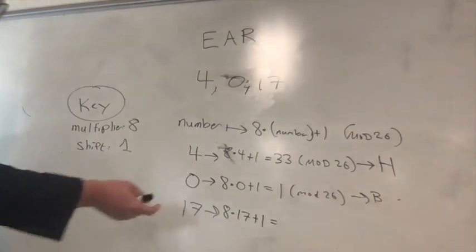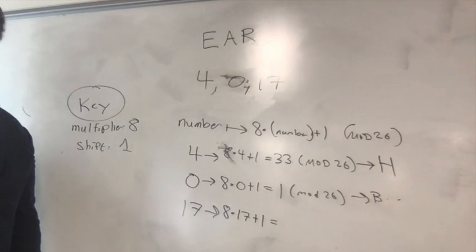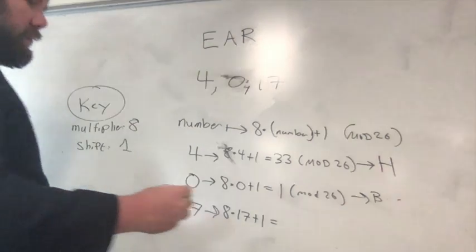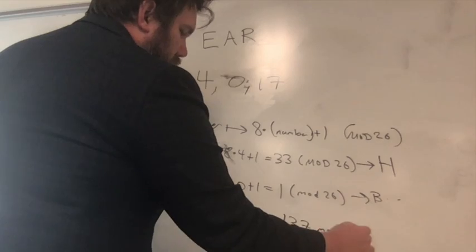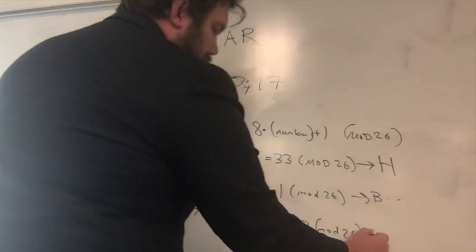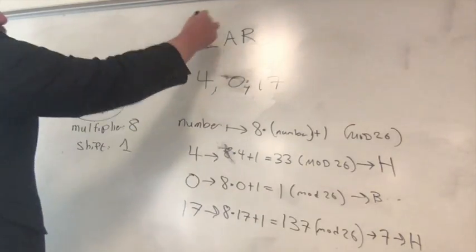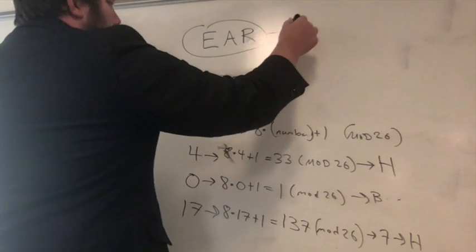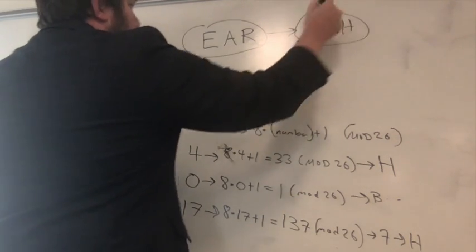We have to figure out what that is, so that's 137. Yes, okay, then we got to do 137 mod 26. So that's 130, which is 7, which is H. So I start with ear, and it maps to the message H, B, H.